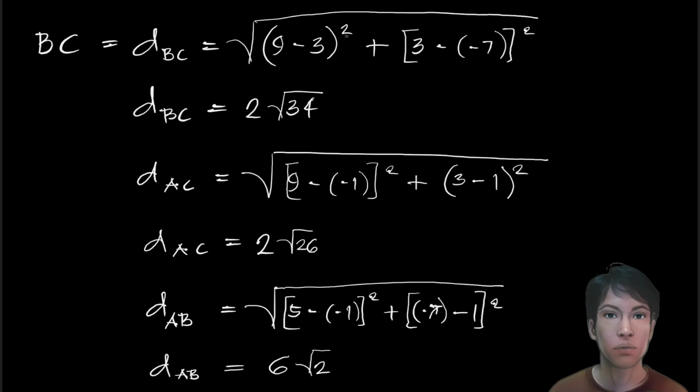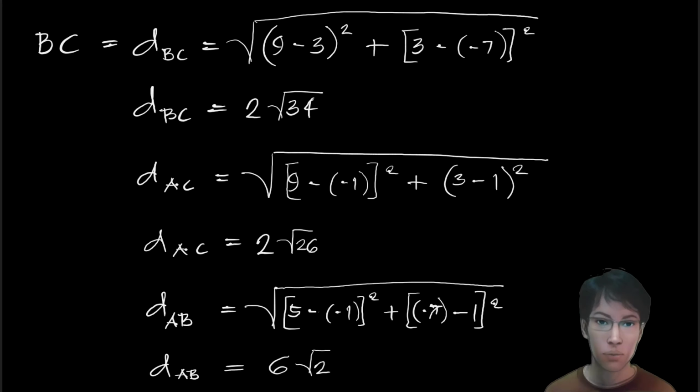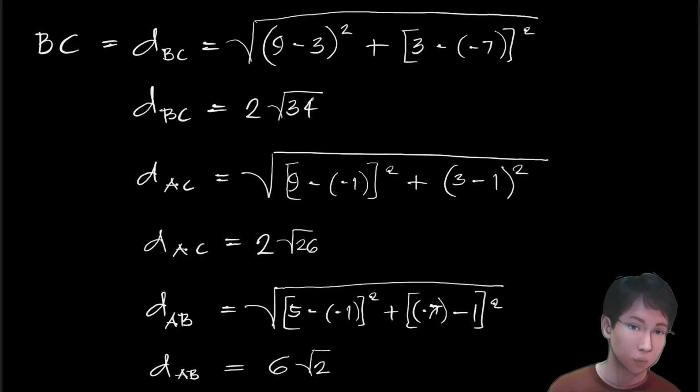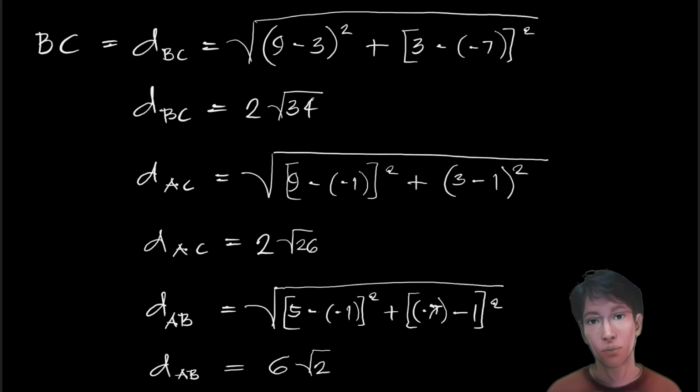Now we have the 3 distances or lengths of the triangle. So we are now ready to solve for the area. To solve for the area of the triangle, we'll be using Heron's formula.